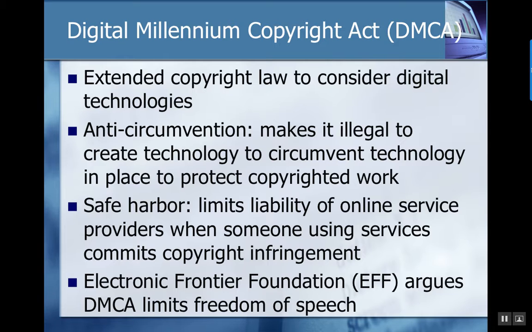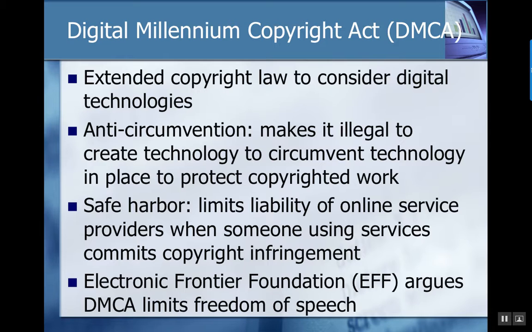Kind of interesting. I said the DMCA was a challenge in a couple different areas. Like the EFF argues that the DMCA limits the freedom of speech. Obviously we see around the anti-circumvention that technology changes, so things that were important at one time may not be quite so important now.